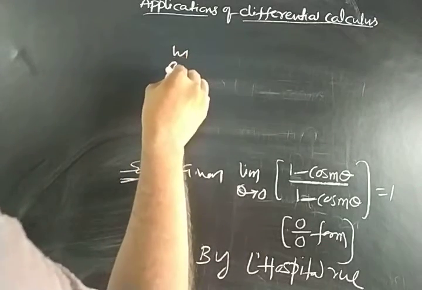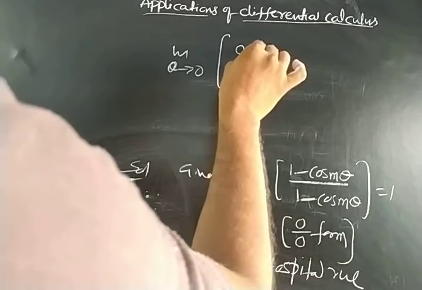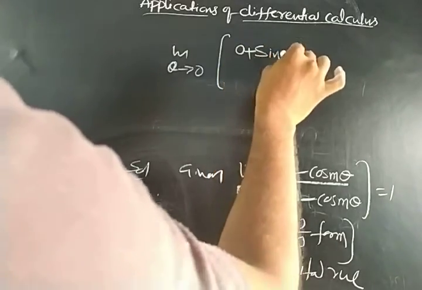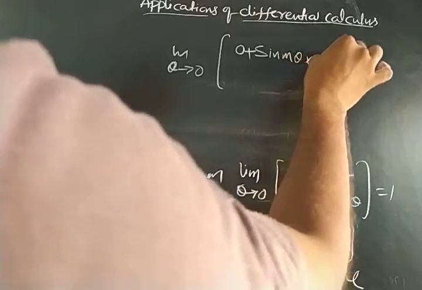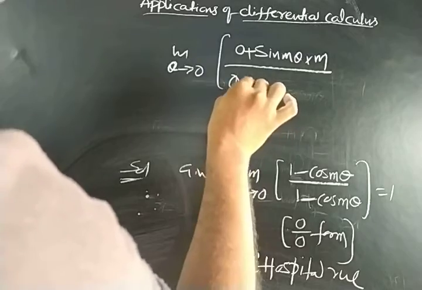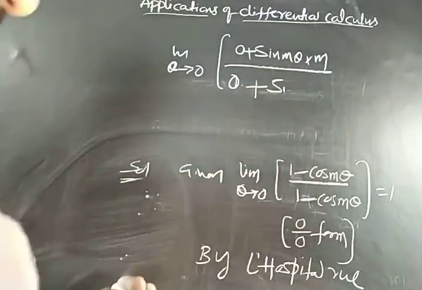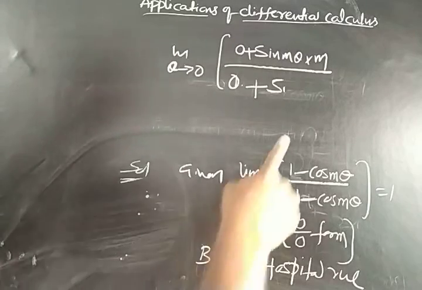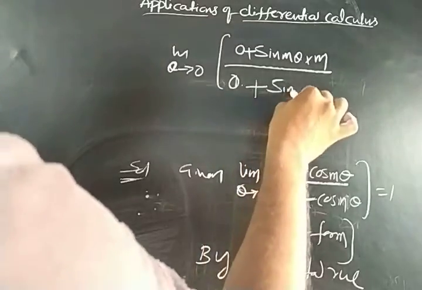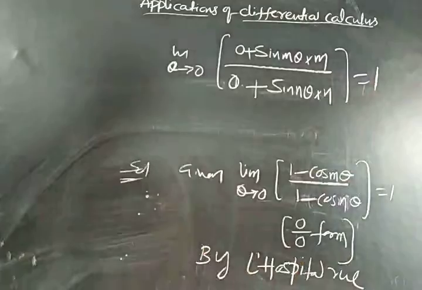Limit theta tends to 0: 1 derivative 0, cos derivative minus sin, so plus m sin m theta, by 1 derivative 0, cos derivative again minus sin, so n sin n theta, is equal to 1, right?